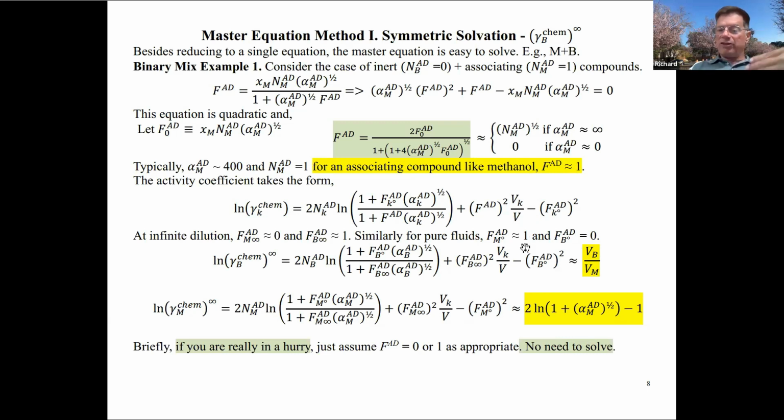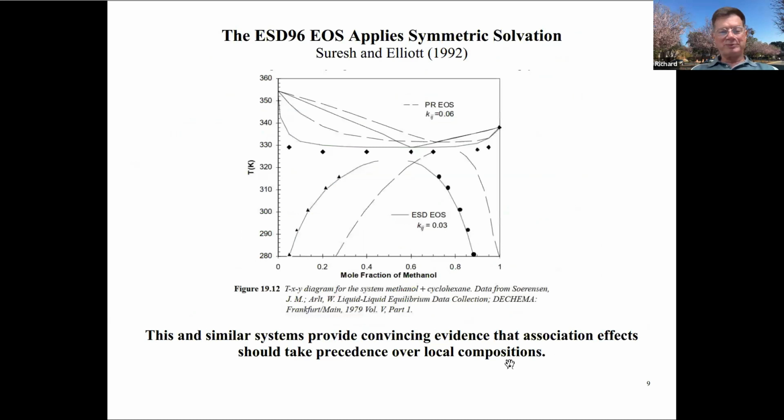Another thing that happens is we get an exact result for the infinite dilution activity coefficients in this scenario. So if you're in a real hurry, you don't even need to solve any equations. You could just plug and chug and you're done. And the result that comes out of that in terms of the phase behavior is really a big improvement. And this is what sold me on TPT1, because I had been using a lot of different theories to try to describe a system like this.